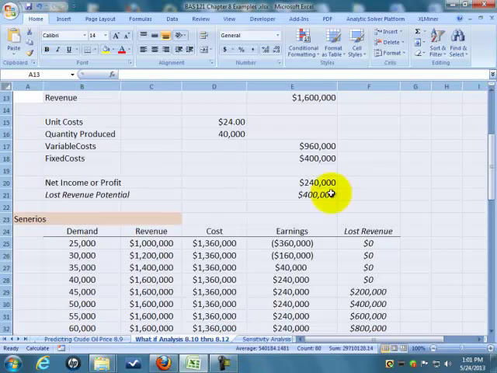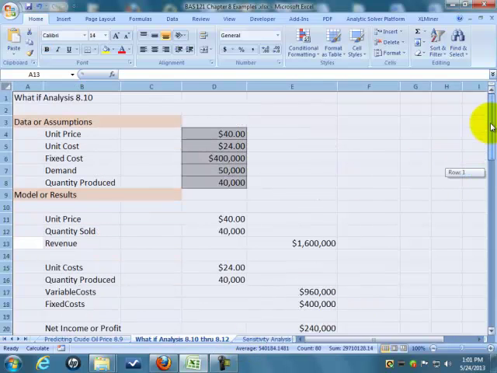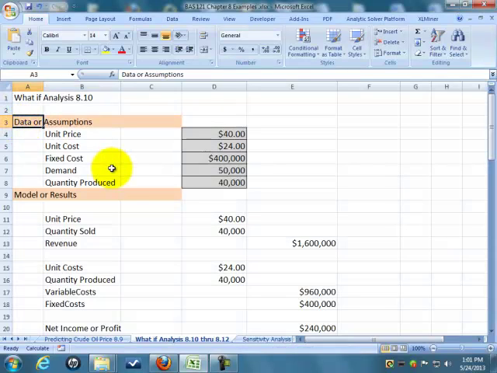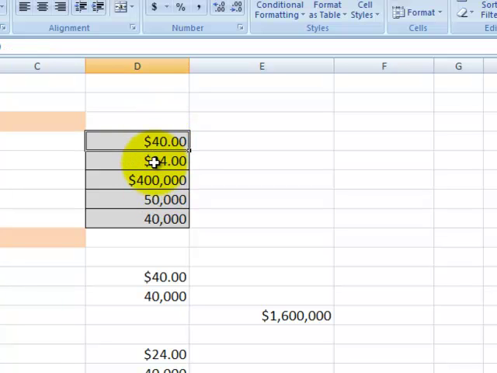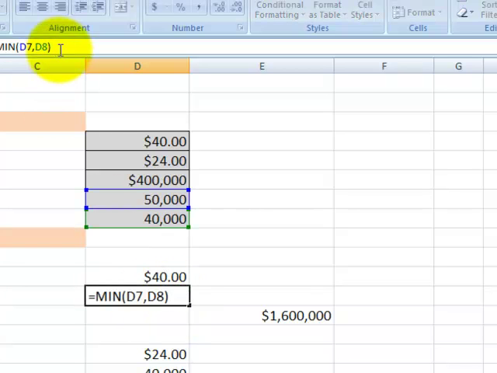Let's take a look at example 8.10. This is sort of a what-if example. This is where we took a look at unit price as an assumption, unit cost, fixed costs, demand, and quantity produced. So our model took our unit costs and then our quantity sold, which is the minimum between the quantity produced and the quantity demanded.